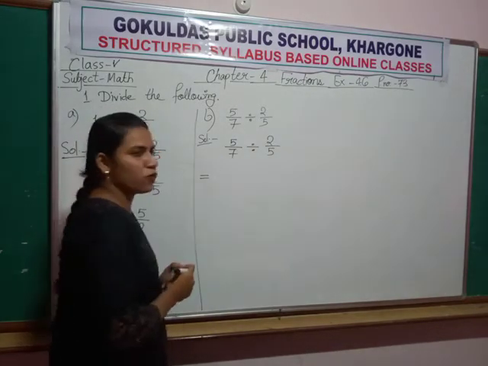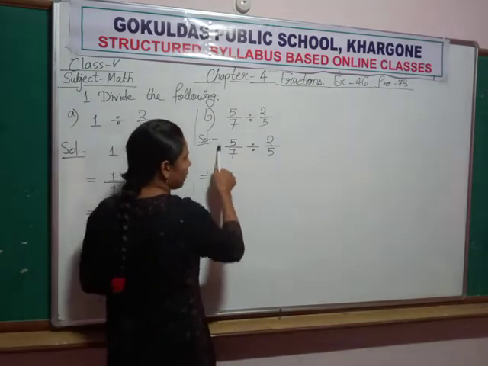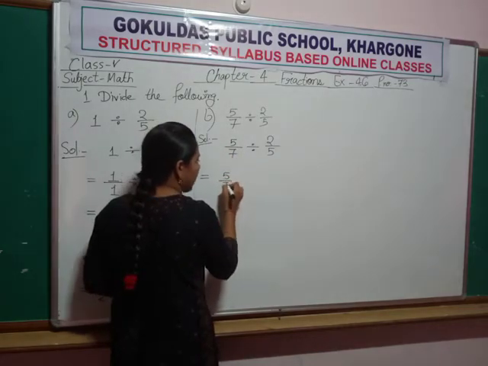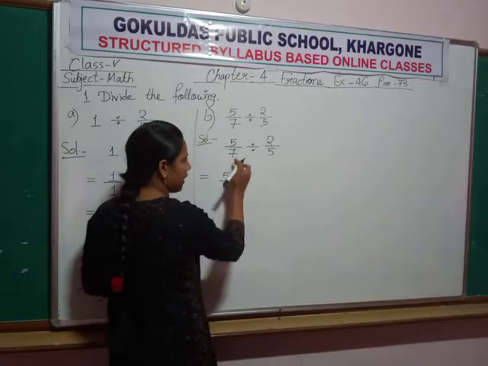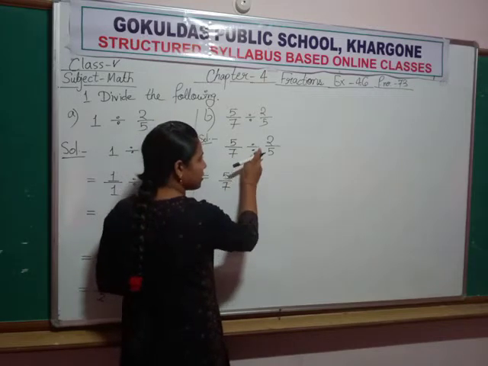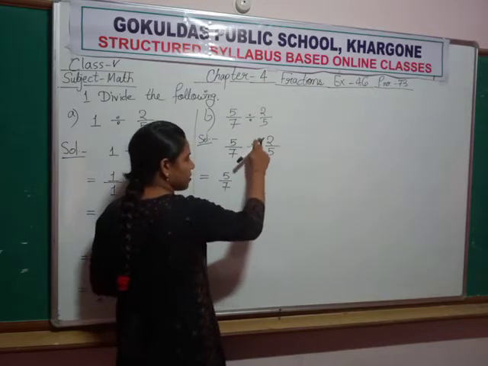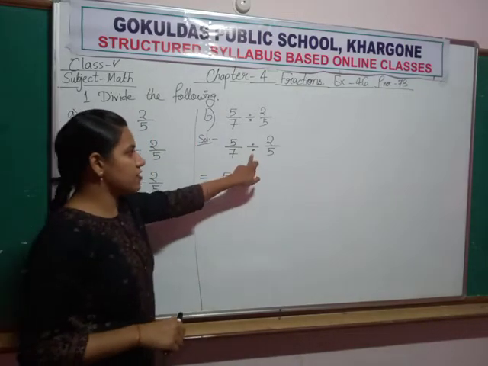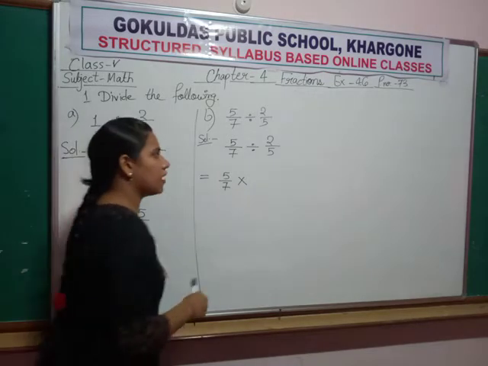Now in the next step, we will note down this 5 upon 7 as it is. We write the dividend as it is. Now we will replace this division symbol with a multiplication symbol.